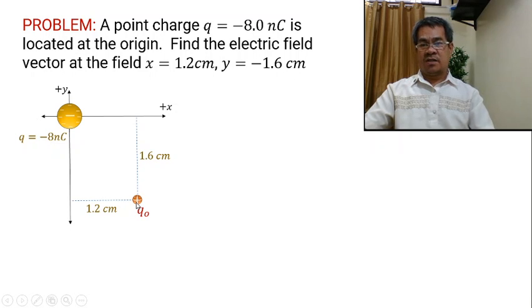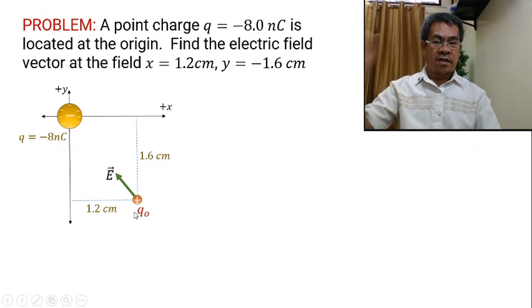Take note that when you look at the formula, there is no test charge, as long as you have the r and the charge. So with this, the electric field is directed toward the negative charge, because the force on a positive test charge is attractive.